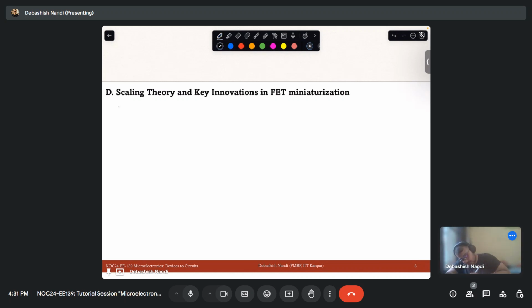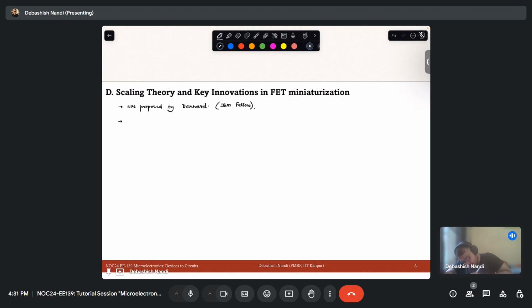Scaling was proposed by Robert Dennard. We basically will look into three types of scaling theory.